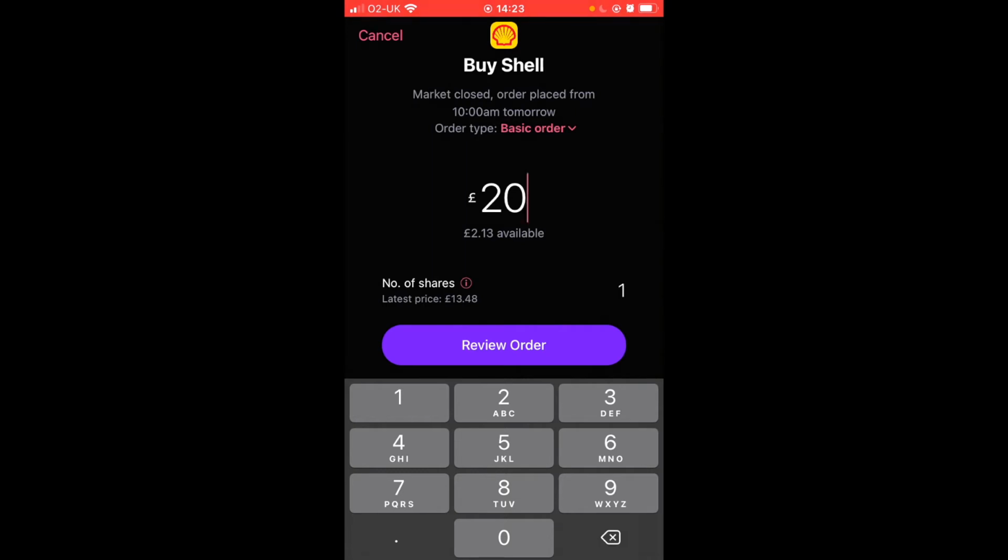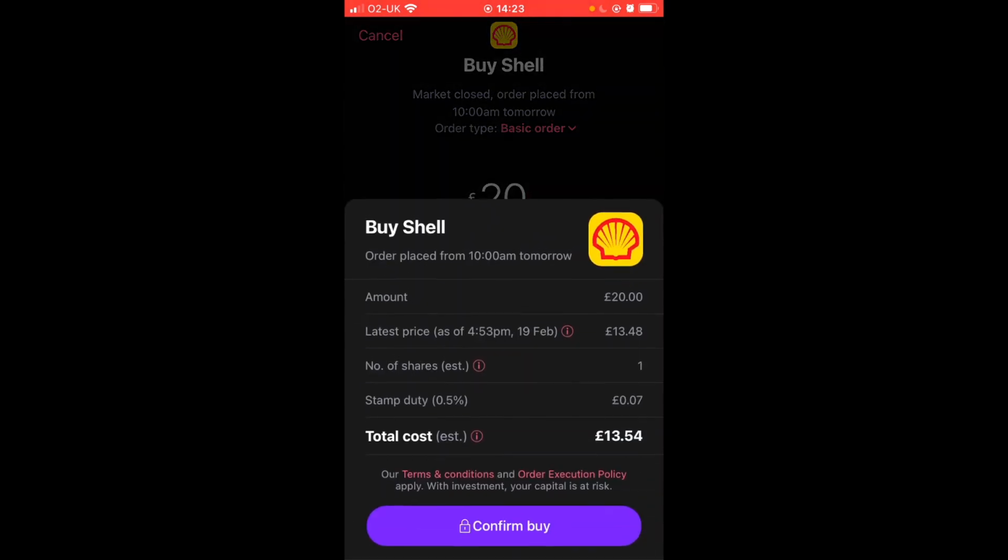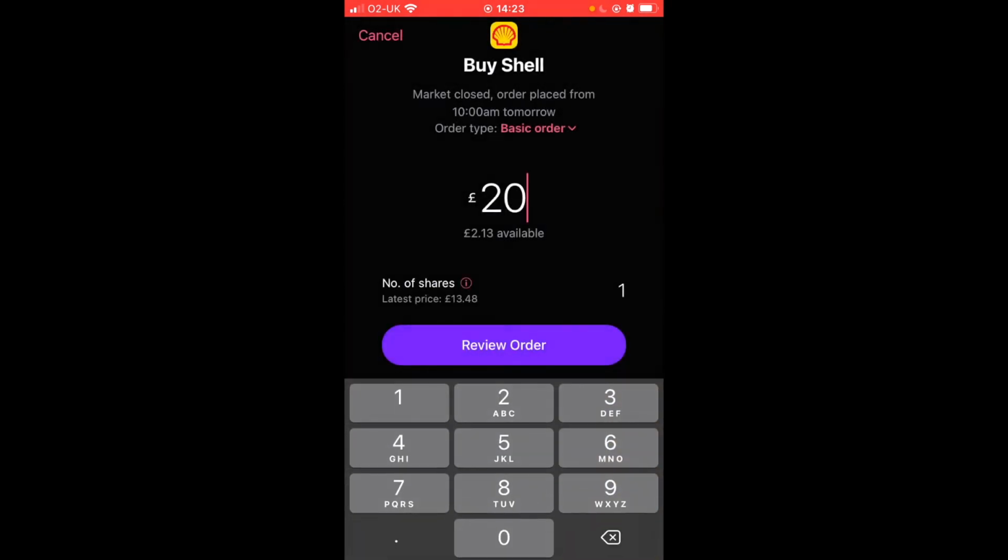This is quite important because what Freetrade does is take the total value that you're willing to purchase for, deduct the amount of shares that you can purchase for that value, and put the balance back into your account. So if I were to buy 1 share of Shell, that would cost me about £13.5, and the rest of the balance, because I wanted to put £20 in, will go straight back into my bank account. As you can see, there are no transaction costs that I am incurring through this.